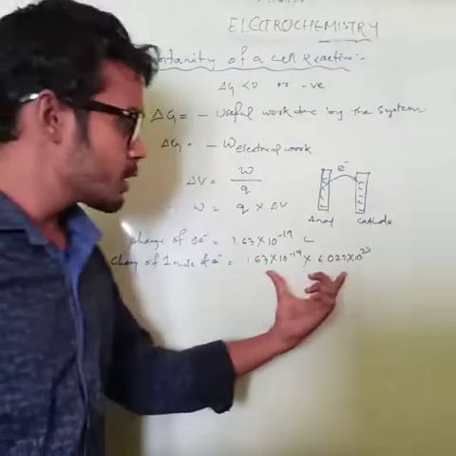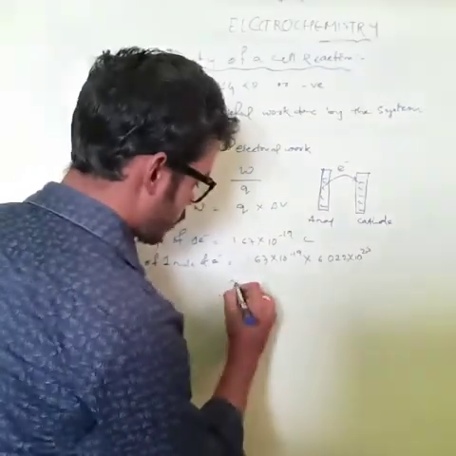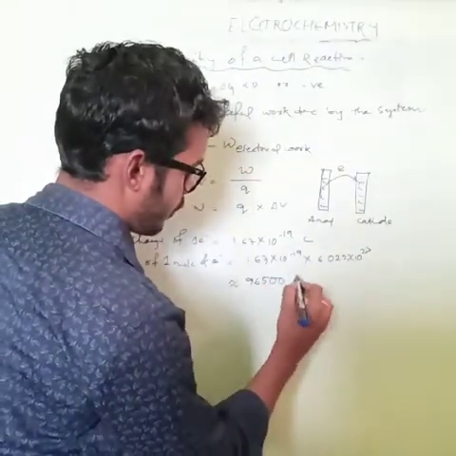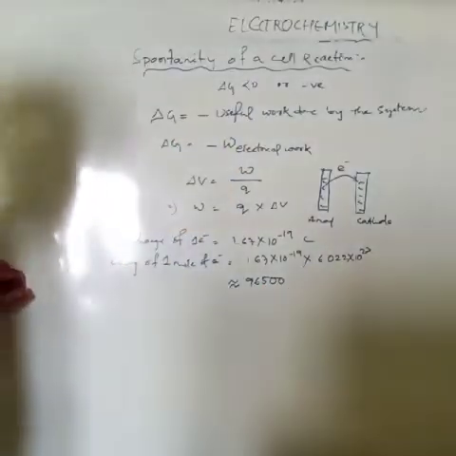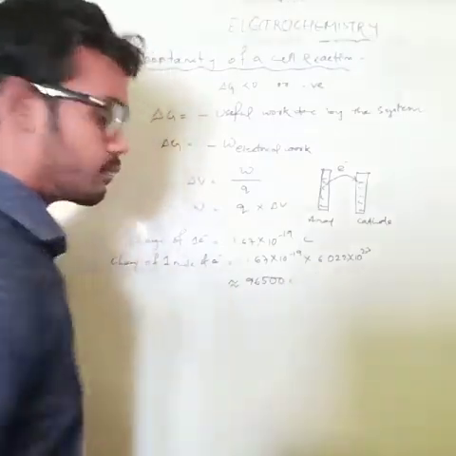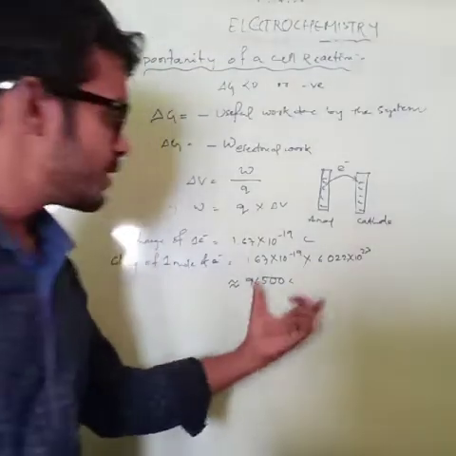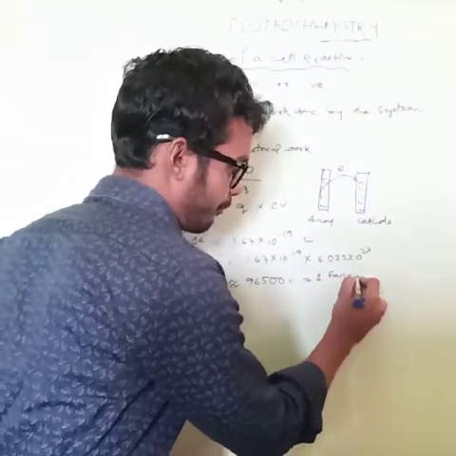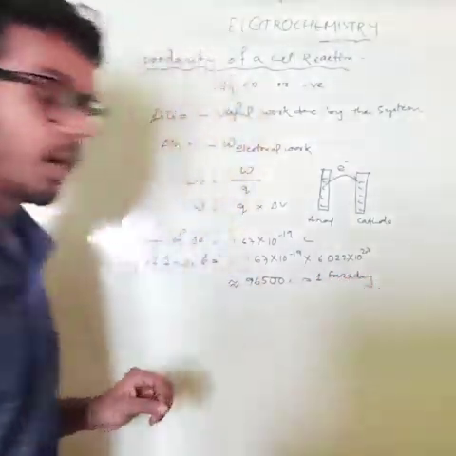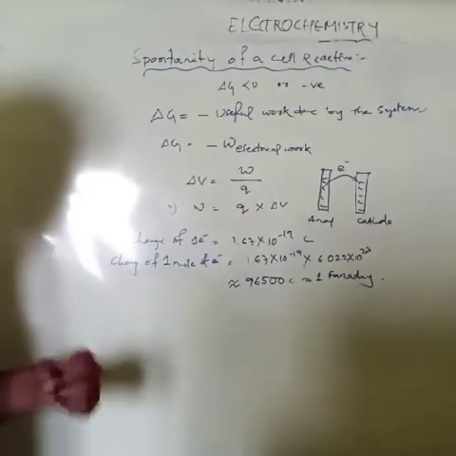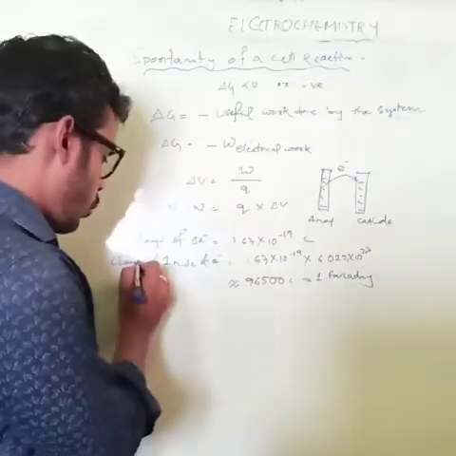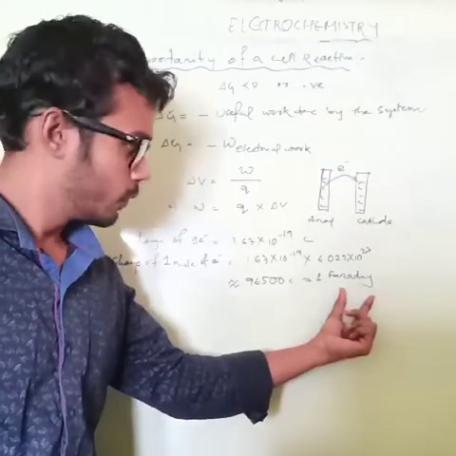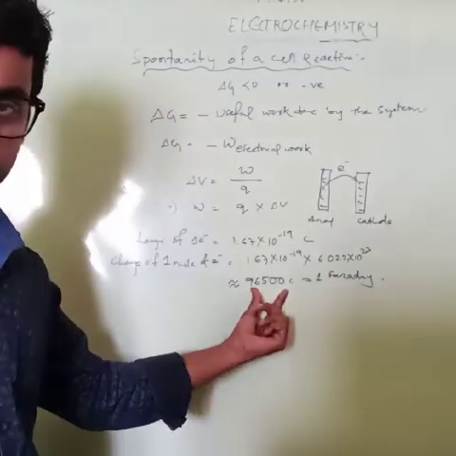This value is approximately 96500 coulomb, which equals 1 Faraday. Remember, 1 Faraday. So we can say that the charge of 1 mole of electron is 1 Faraday, that is the 96500 value.